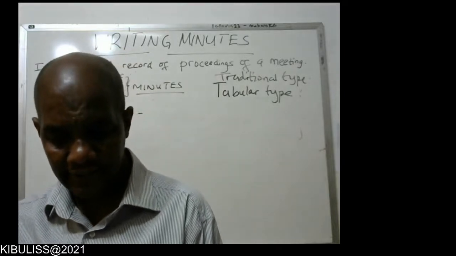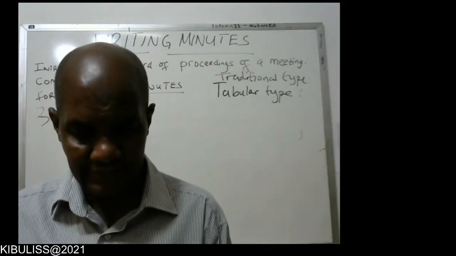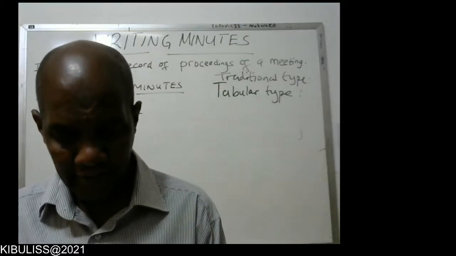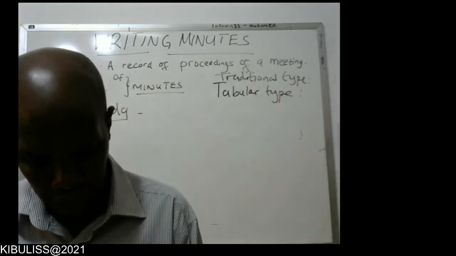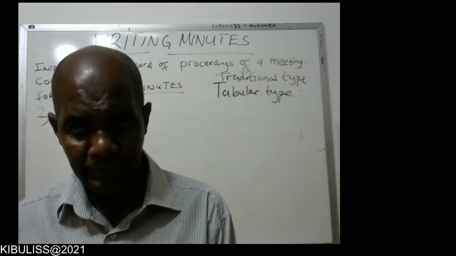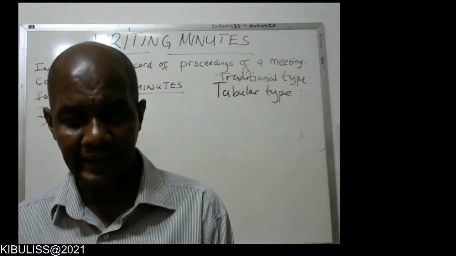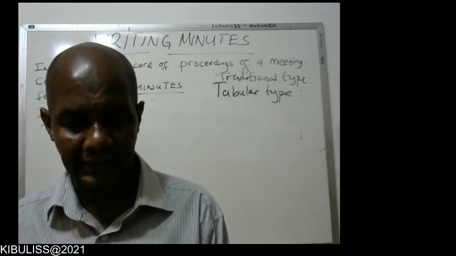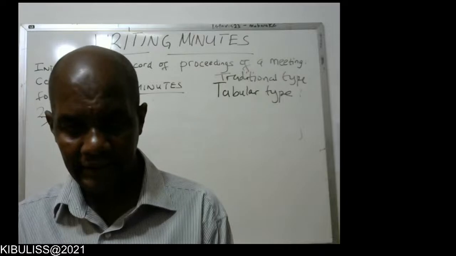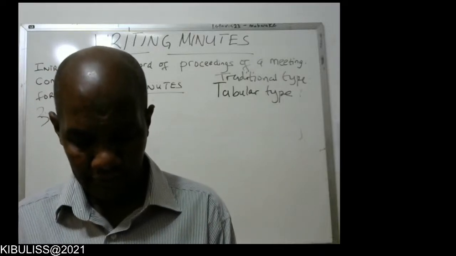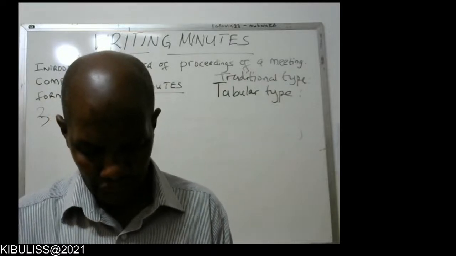Our head here is the title, the body is the agenda in details, and then the closure will be the tail, it will be the conclusion. And there's a specific way in which you are going to write the items of the agenda. We don't simply name it agenda and we walk away. There's a particular way we are going to write, and we shall look at that in due course.